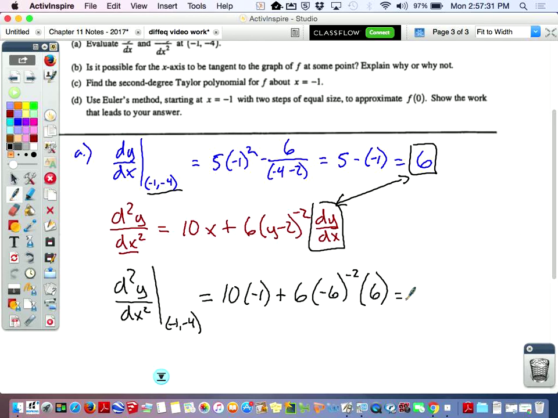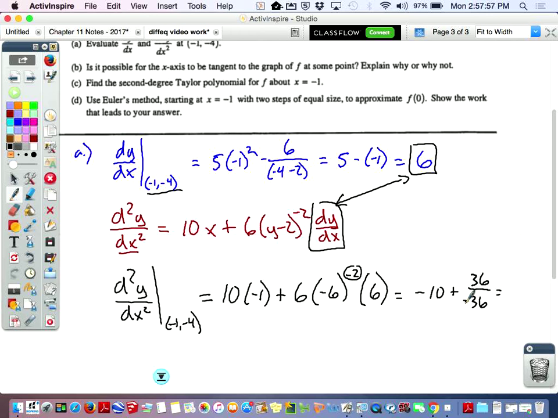So what we are left with here is negative 10, and then just to simplify this middle piece here, I would get 6 times 6, so that would be 36 in the numerator, and then this negative 2 puts this term in the denominator, so I'd actually get negative 36.